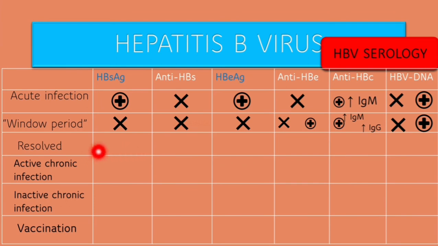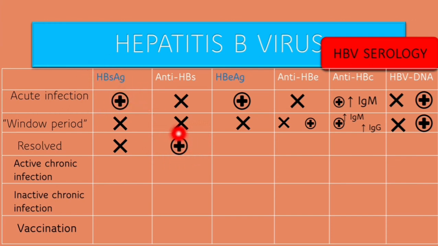Let's move on to the resolved phase. Resolved means there was a prior infection, but your body resolved it or got rid of the virus, right? In this case, you won't see the HBV surface antigen, but there will be immunity against hepatitis B. Immunity is marked by the presence of anti-HBs, the antibodies against this antigen.